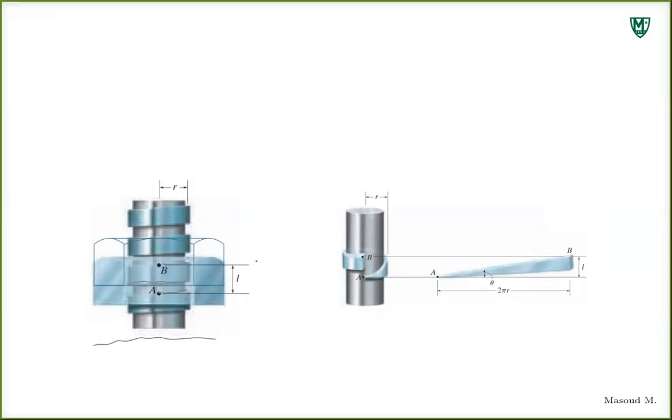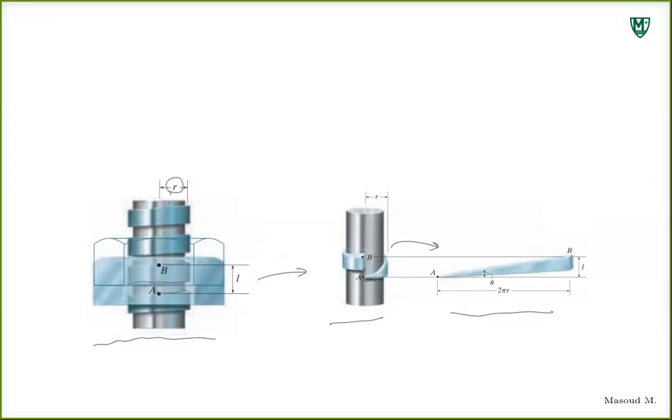And here is the simplified version of that. You're just looking at one thread. Now, if you unravel that thread, you're going to end up getting a wedge-like piece. This picture is the unraveled version of one thread.